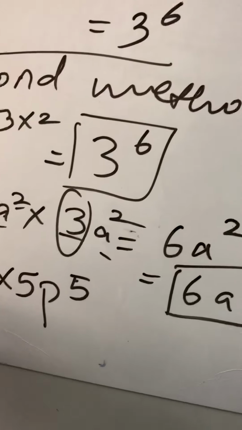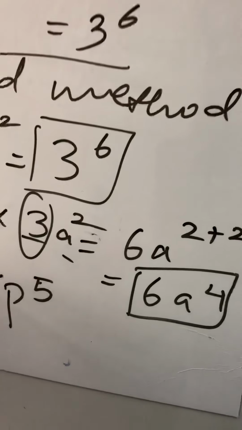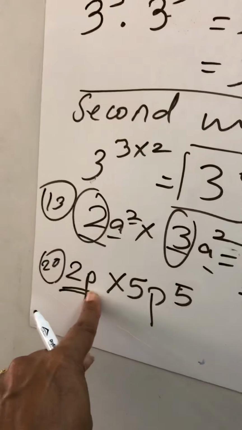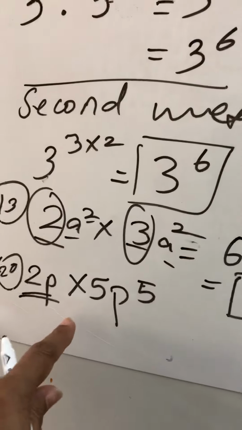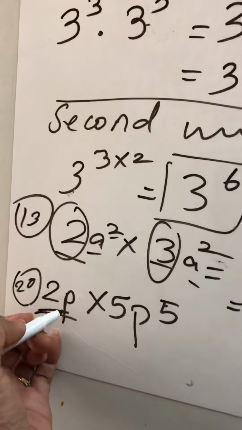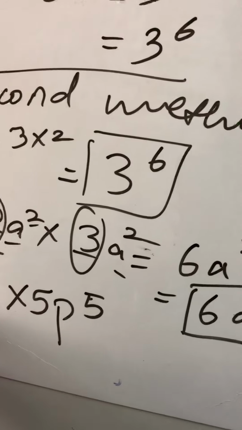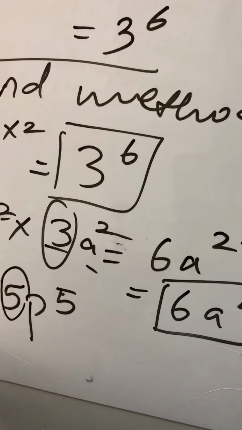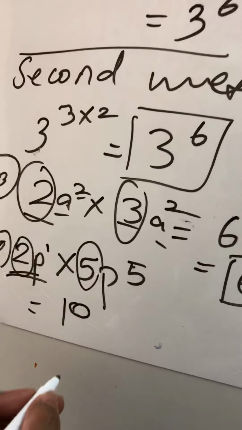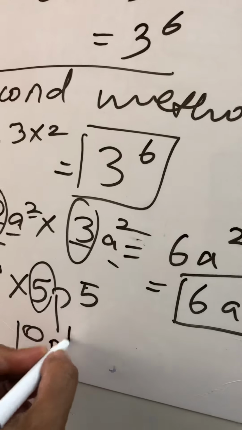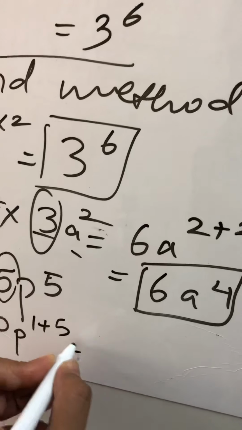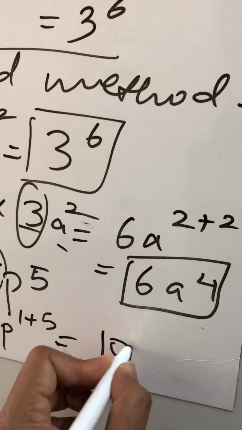Again, if a variable doesn't have any power written or visible, that doesn't mean that the power is 0. It means that the power of that variable is 1. So as usual, we will multiply these two numbers. So I get 10, and because it's p to the 1 plus 5, it gives me 10p raised to 6.